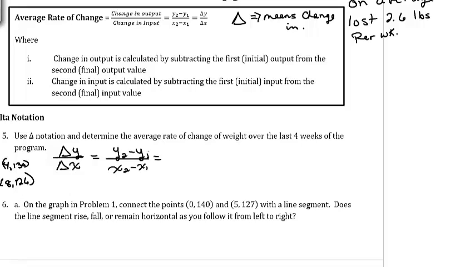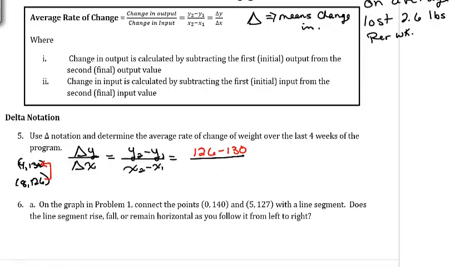And so, again, it doesn't matter what order you do your subtraction in as long as you're consistent. So we're going to do y2 minus y1. So that will be 126 minus 130, and then divide that by the change in our x values. And again, just make sure that you do your subtraction in the same order.